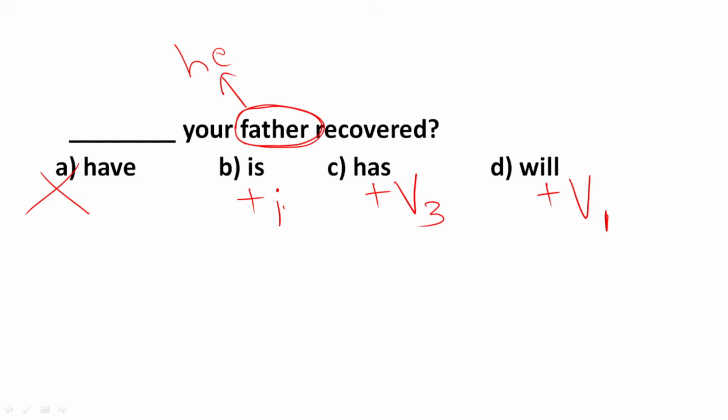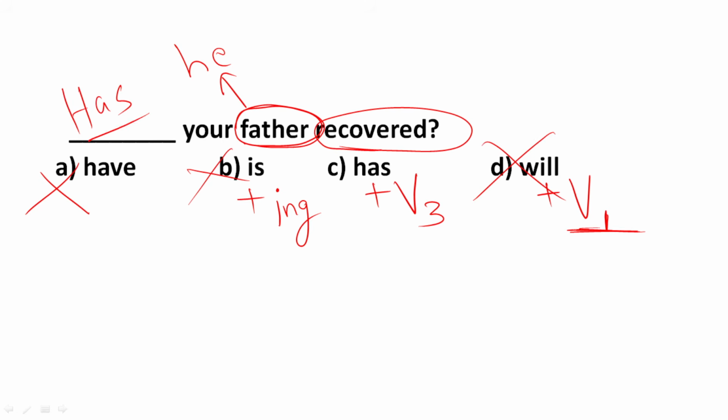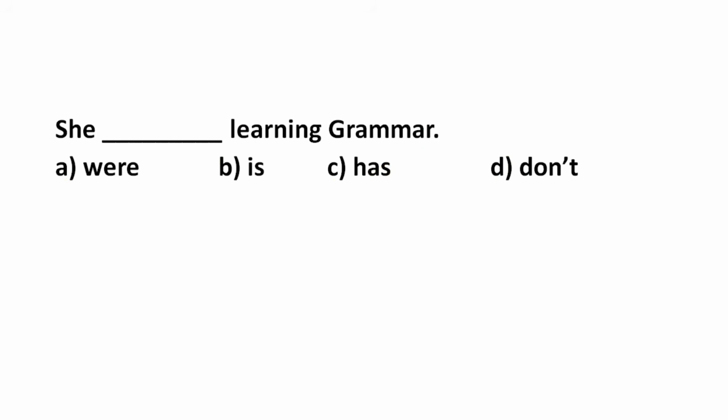When is comes, the verb is in the fourth form, that is ing form. Is recovered ing? No, right? Eliminate the second option. Is recovered first form? No, right? Eliminate it. So now the answer is has, that is the third option. So the answer becomes: has your father recovered? We'll go to the next question.